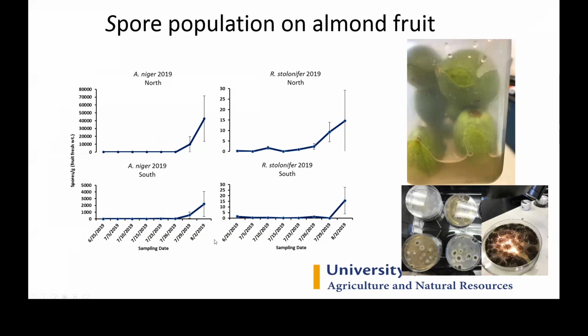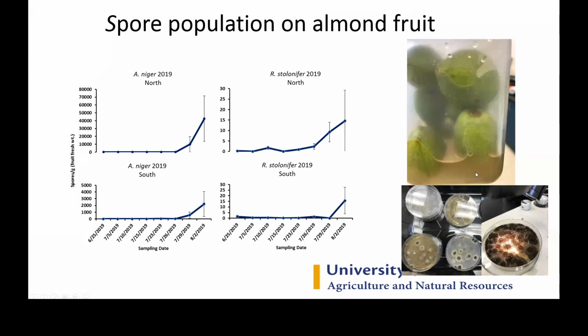You can tell, as the fruit senesce and we start having the suture open more, getting close to harvest, you start seeing the increase in population of both pathogens. Here is just to show you how much dust there is on 10 fruits.